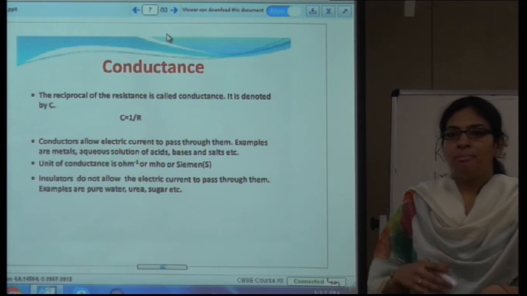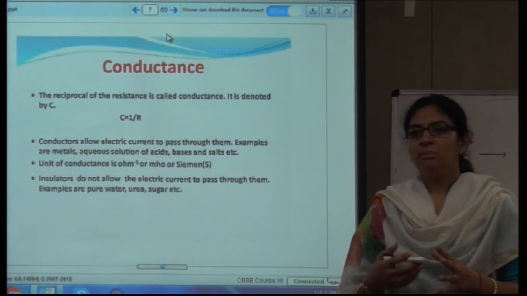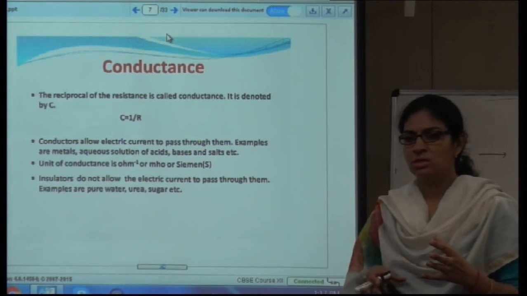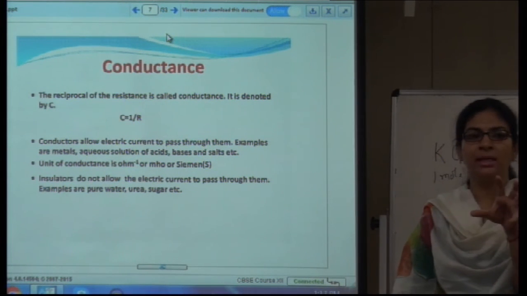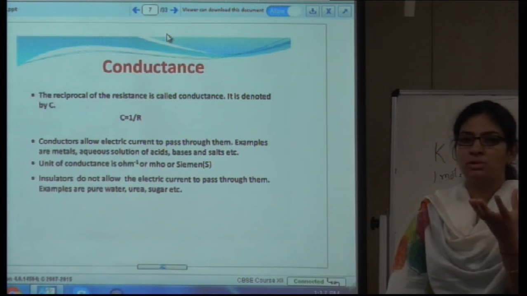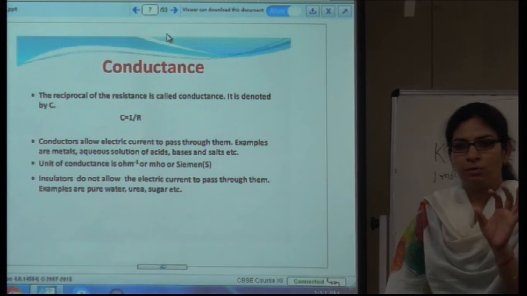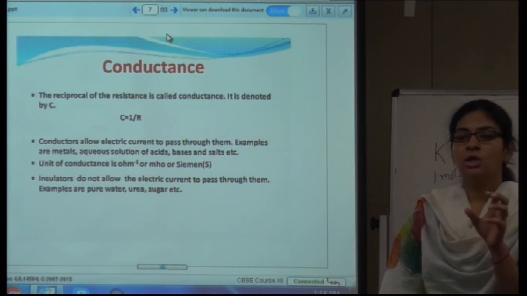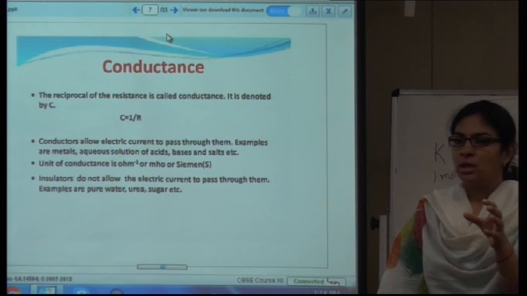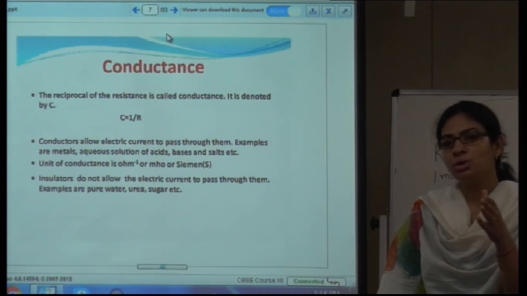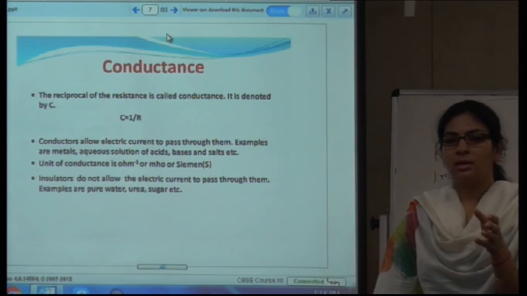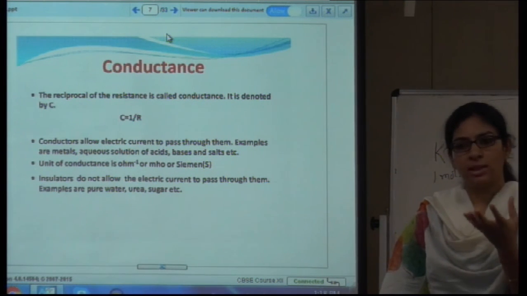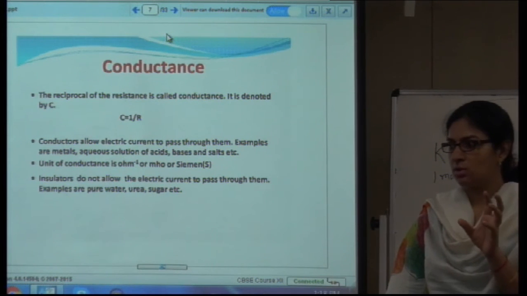Now in metals we mainly talk about resistance, right? What is the resistance, how do we measure resistance? Mainly that term is used more frequently. But when we talk about electrolytic conduction, conduction by solutions, you should know what resistance is, but for conduction by ions you will mainly use the term conductance only, right?